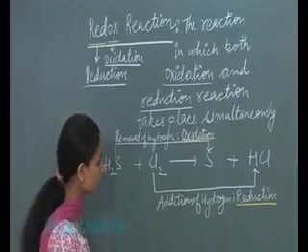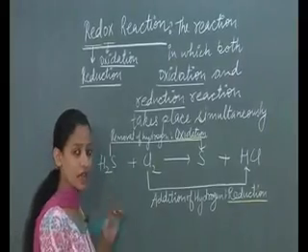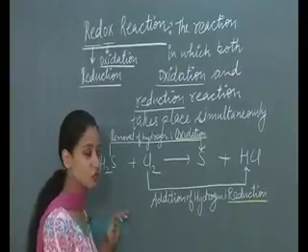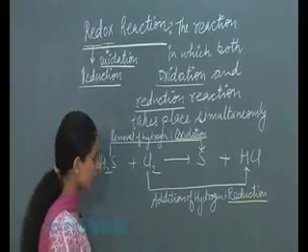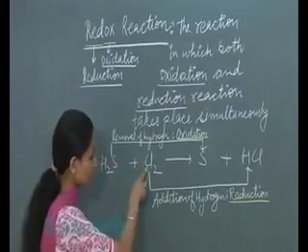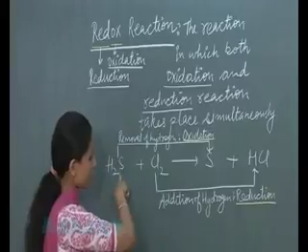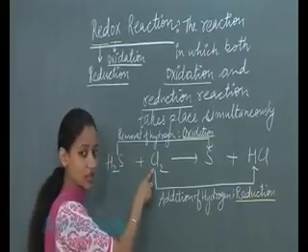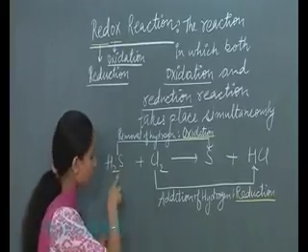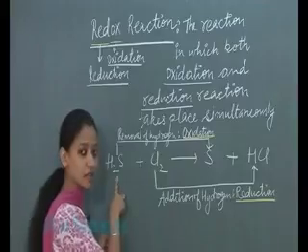Now one more thing, which reactant is acting as oxidizing agent and which is acting as reducing agent? Now students, here chlorine is accepting hydrogen, so it is oxidizing the other substance, so it is acting as oxidizing agent, whereas hydrogen sulfide is acting as reducing agent.